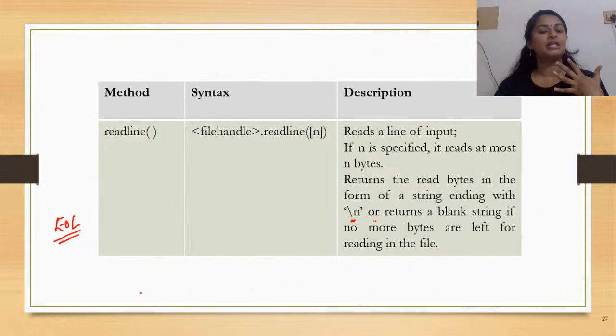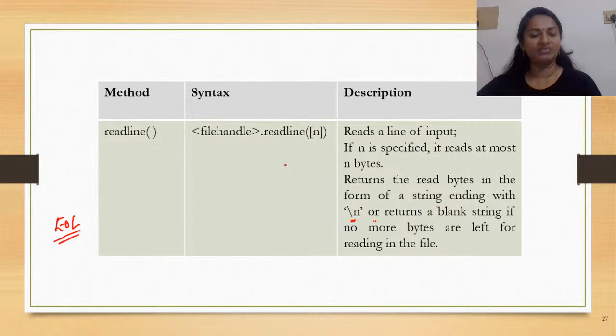So this particular line is read and it would be returned as a string. Whatever read functions do, they always return a string, as we already saw. So all three variants return a string, and readline is also going to return a string. It can be copied to a variable and this variable could be printed.